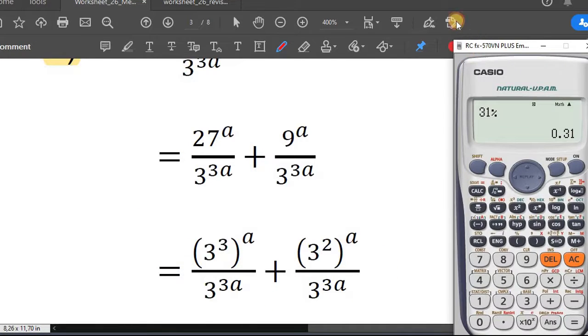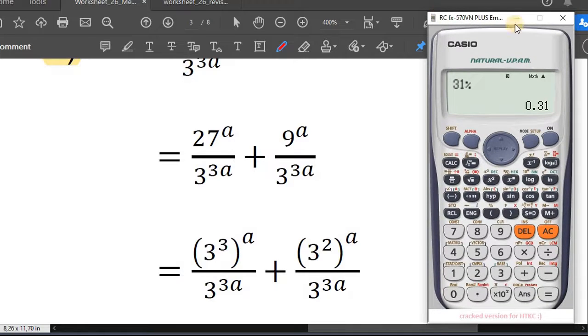And I told you that the shortcut way to do this, if we're not too sharp in a manual method, with those manual methods there, we can say 27 is equal to 3 to the power 3, 9 is equal to 3 squared. That's how we move from there to there.